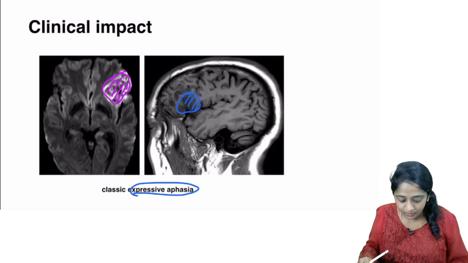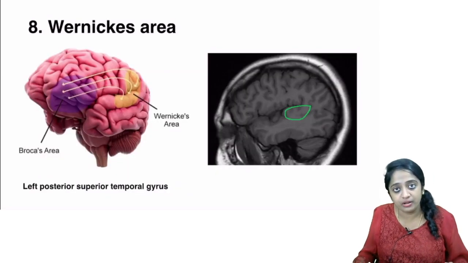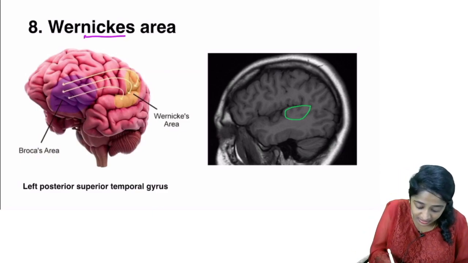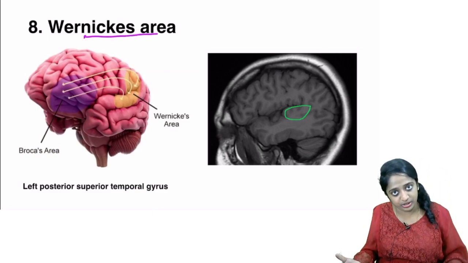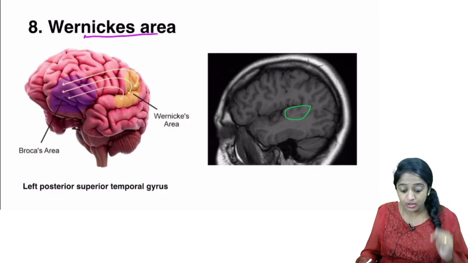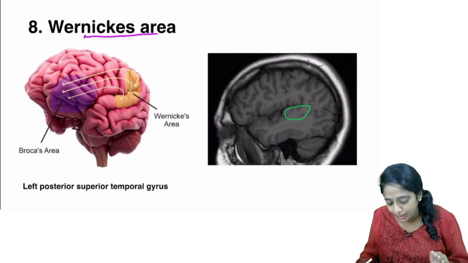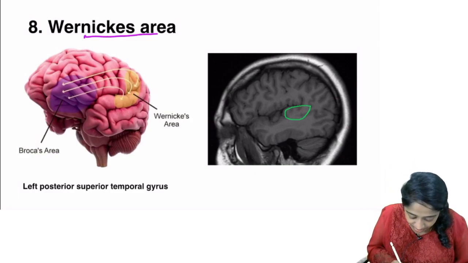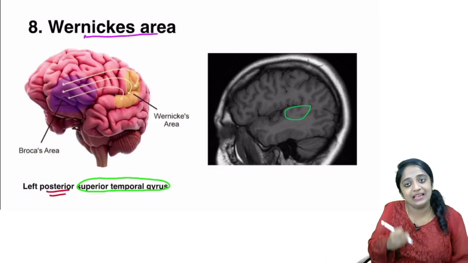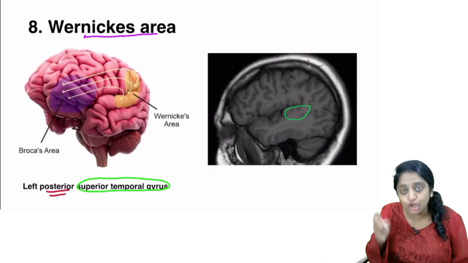When you speak of Broca's area, it is inevitable to discuss the Wernicke's area. Wernicke's area is known as the sensory speech area. So where is it located? Broca's was located in the frontal lobe. Wernicke's is in the temporal lobe, in the superior temporal gyrus, its most posterior aspect, again in the dominant hemisphere.